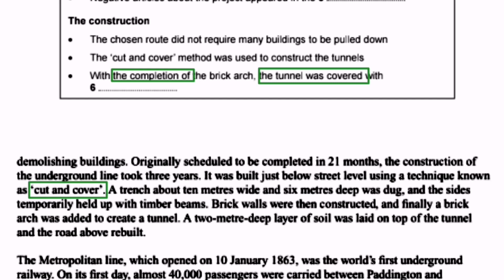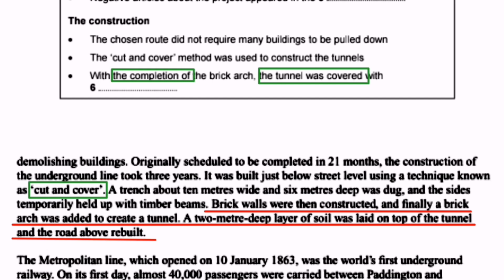A trench about 10 meters wide and 6 meters deep was dug, and the sides temporarily held up with timber beams. Brick walls were constructed, and finally a brick arch was added to complete a tunnel. Brick arch is the keyword, which is also written in the question number 6. A 2-meter deep layer of soil was laid on the top of the tunnel and the road was rebuilt.